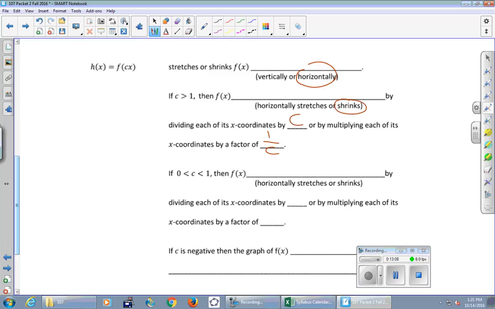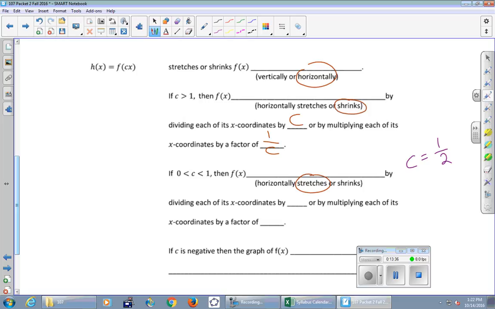All right, but if c is already between 0 and 1, then it is a stretch. And you divide each of the, all right, so this is tricky now. So let's make up a number. We're in the 0 to 1 case. If I'm talking about stretching, then let's do the bottom one first. Should I multiply by c to make them bigger?